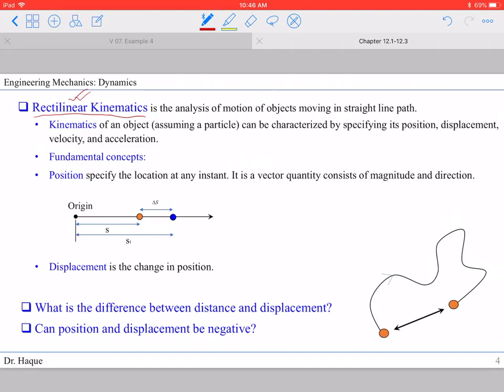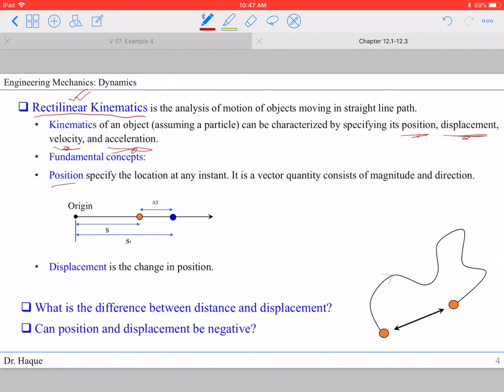The kinematics of an object can be characterized by specifying its position, displacement, velocity, and acceleration. Some fundamental concepts: we're going to study what these four things are.